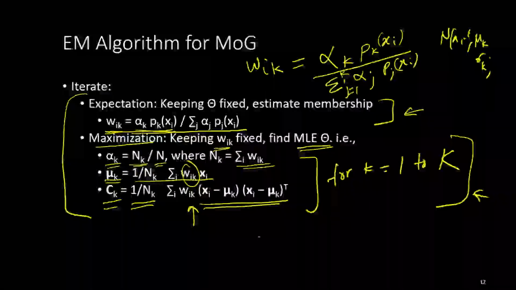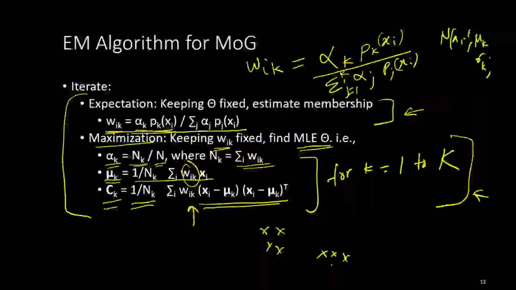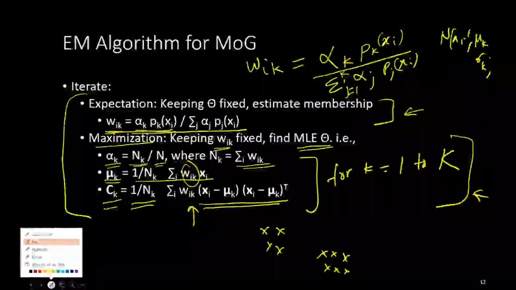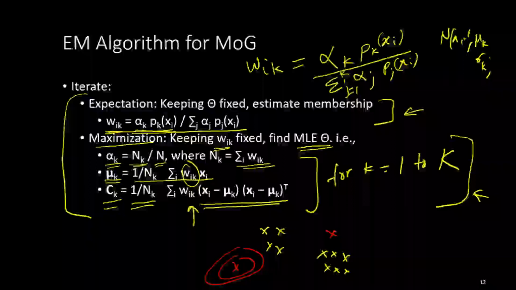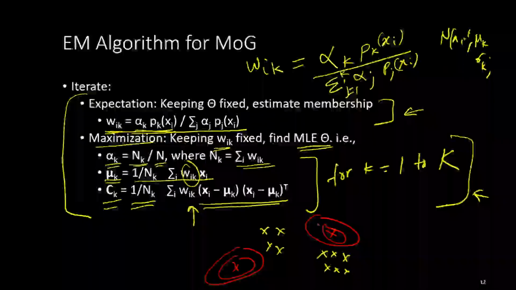So think about it this way. Let's say we have a bunch of points, and this is a multimodal Gaussian distribution, right? So this looks like it comes from two different modes. So we can randomly initialize some mu k here, some mu k here, and some ck here, and some ck here. And we can say that here alpha is equal to half, here alpha is equal to half, so both are equally likely.